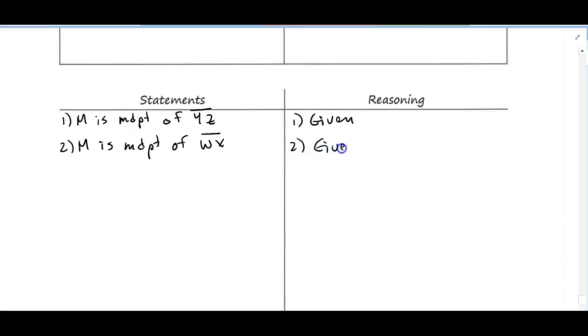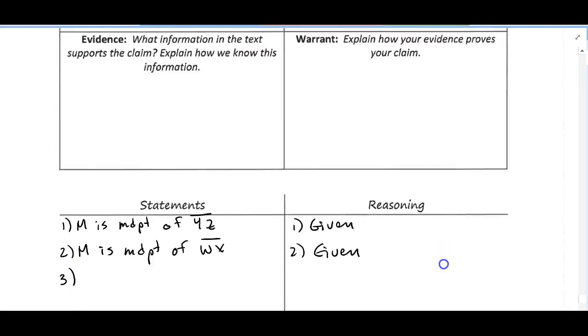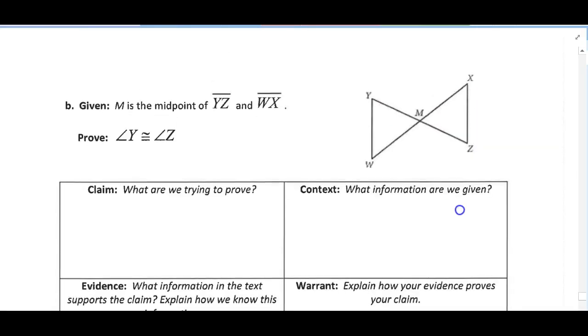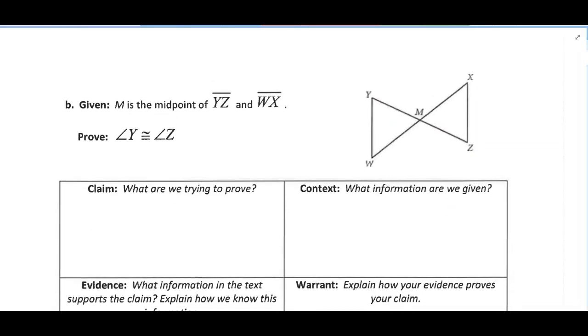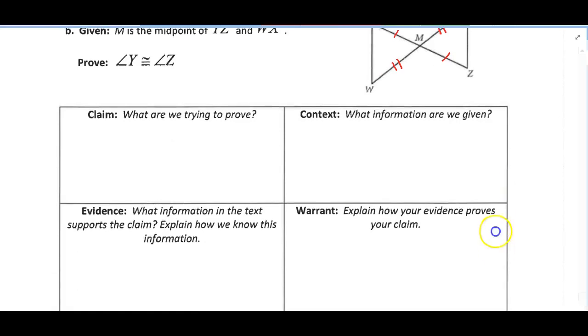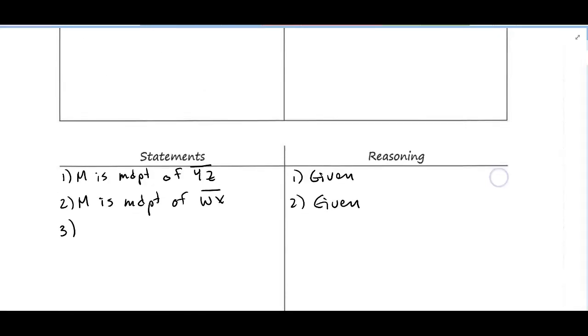That's also given. Alright, and we know that when a point is a midpoint, it divides a bigger segment into two congruent segments. So I know that since M is a midpoint, these two segments are going to be congruent, and these two segments are going to be congruent. So let's go ahead and add that to our problem.